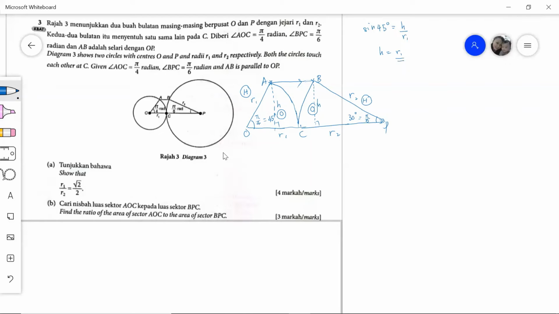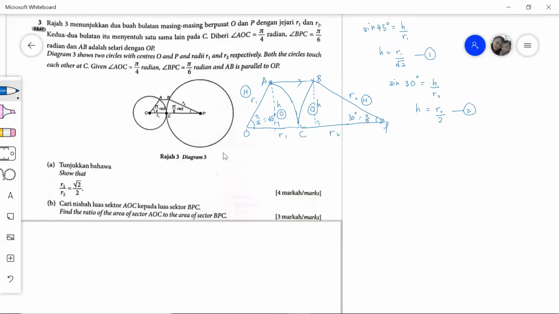So H equals R1 over sec2; call this equation 1. On the other hand, sine 30 degrees is equivalent to the opposite, which is height, over the hypotenuse, which is R2. So H equals R2 times sine 30. Sine 30 is half, so R2 over 2. Call this equation 2.